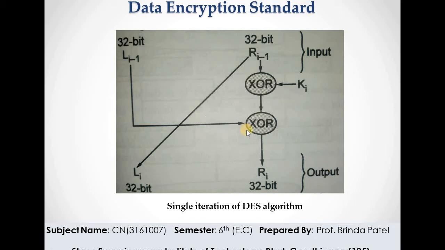So it is a single iteration of DES algorithm, right? Here the left output Li is simply a copy of the right output, and here right output Ri is the exclusive OR of the left input L of i minus 1 and the right input, and the key for this stage is Ki.